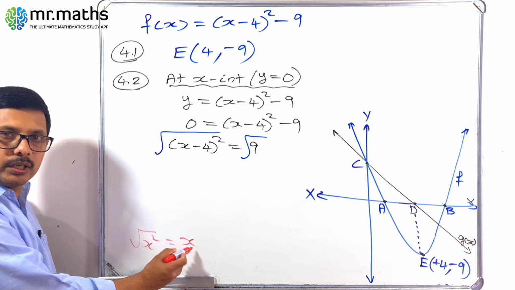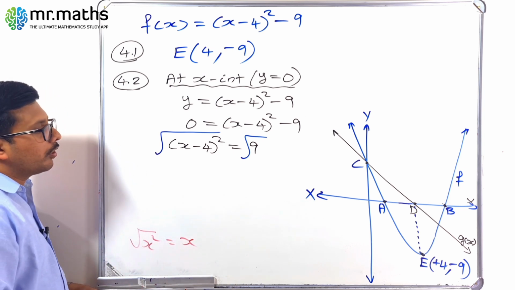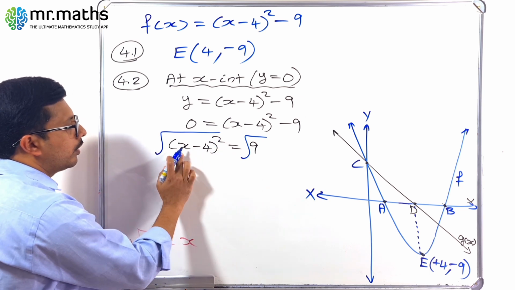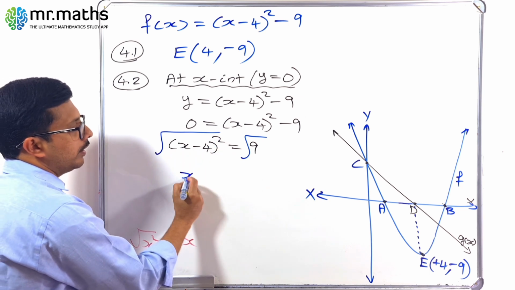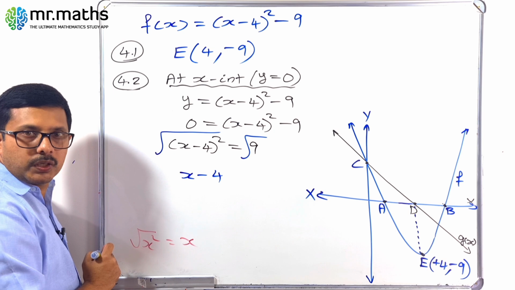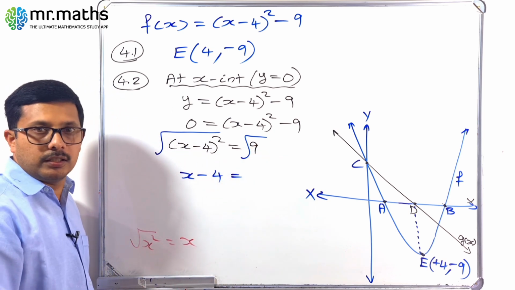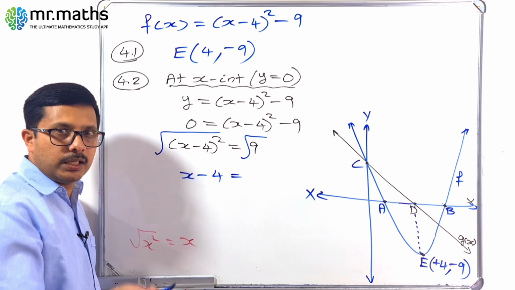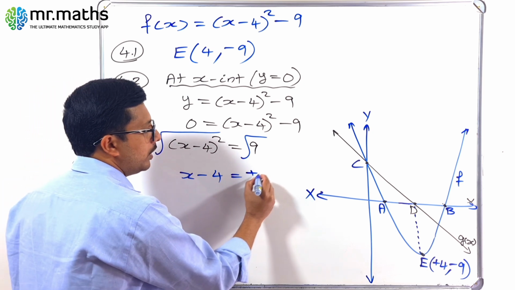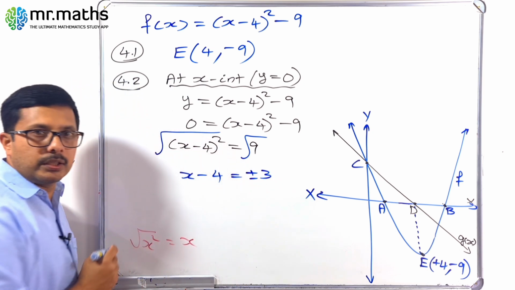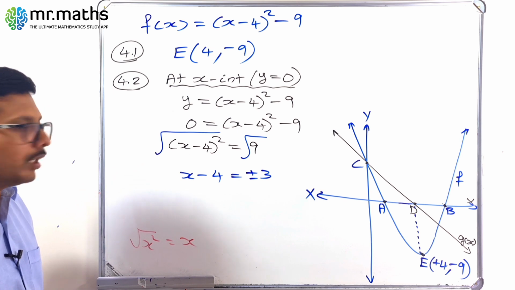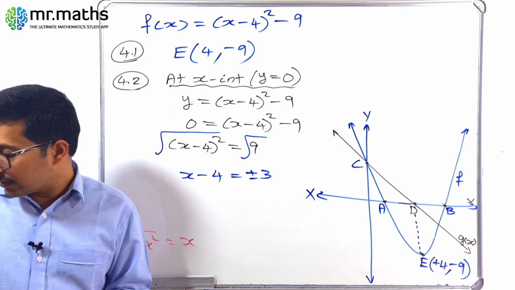Square root of x squared is x. Similarly, square root of x minus 4 squared is the same as x minus 4, is equal to root of 9. It's not only 3, it's plus or minus 3. Either plus 3 or minus 3. You have to consider both the cases.